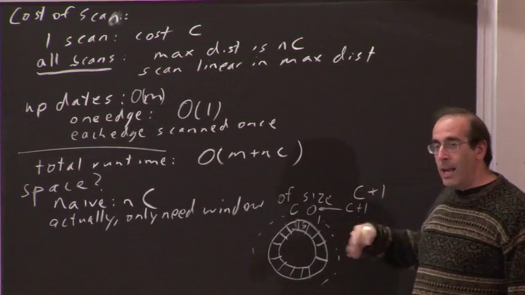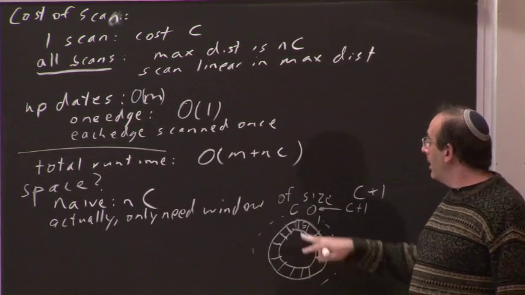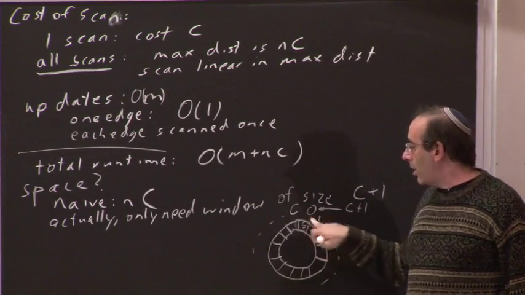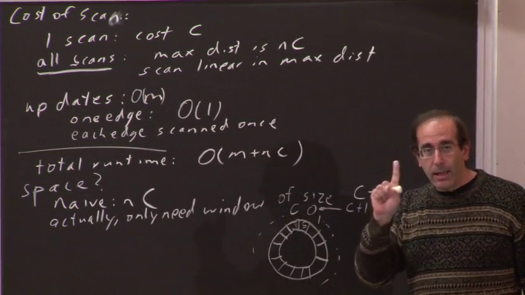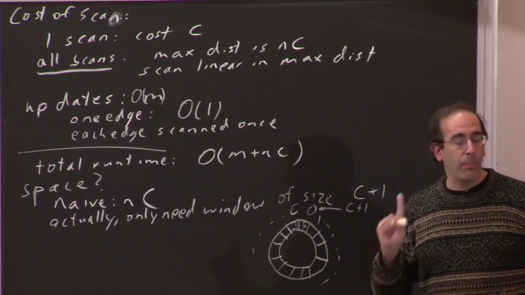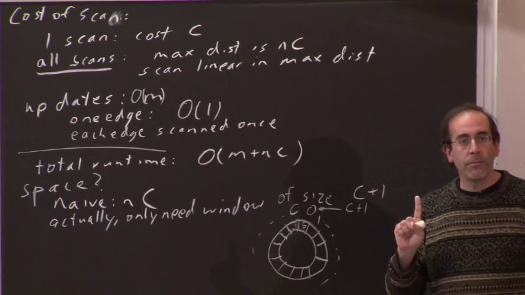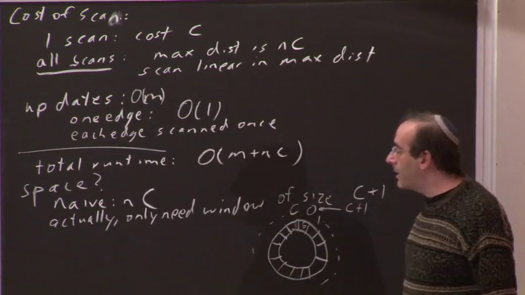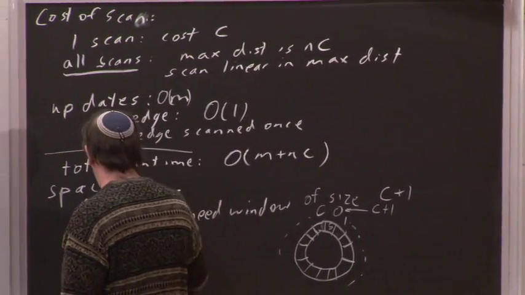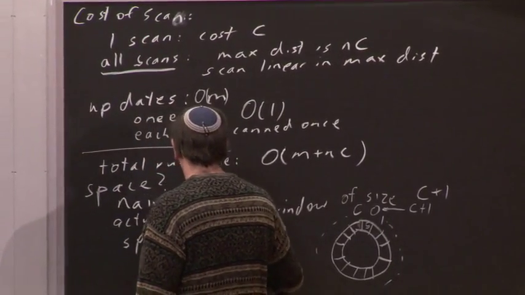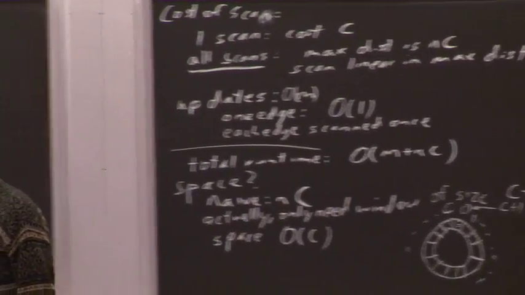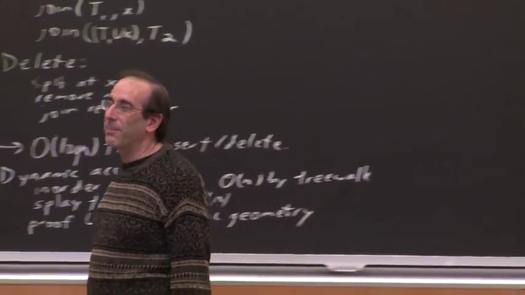And essentially, at any point in the operation of the algorithm, each entry in this circular array corresponds to exactly one number. There's no ambiguity about what number it is. Okay? And so that reduces our space usage to order C, which is, of course, far superior.